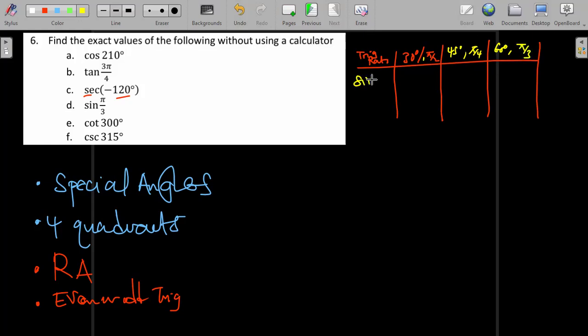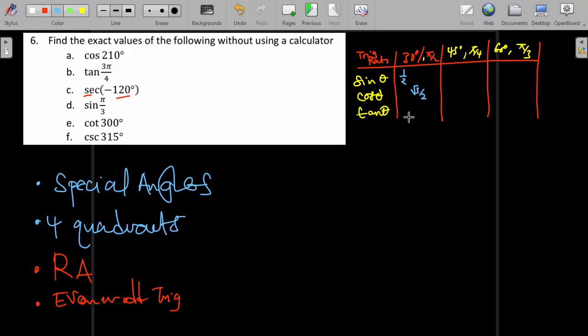I'm going to write here I have sine angle, here I have cos angle, and here I have tan angle, or tan theta if you want. Now these special angles are specific values. If you get your calculator and punch in sine 30, you always get 1 over 2. So sine 30 is 1 over 2. Cos 30 is root of 3 over 2.